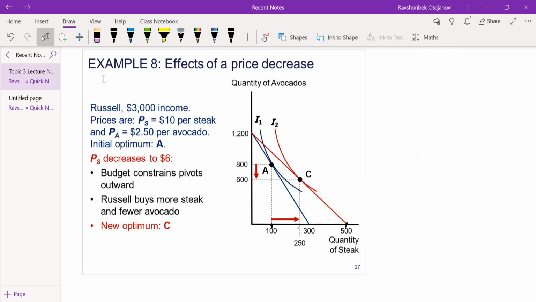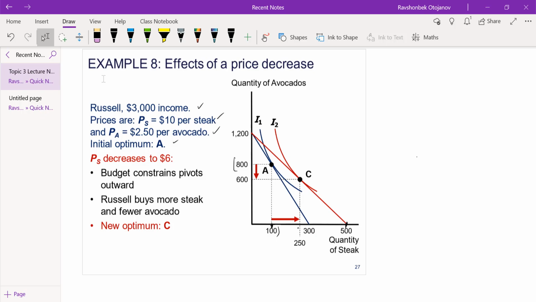Let's also look at the case where price changes and income doesn't change. So let's go back to Russell's example here with $3,000 income, and we have the original $10 price per steak and original $2.50 price per avocado. The initial optimum was point A, where Russell is consuming 800 avocados and 100 units of steak.